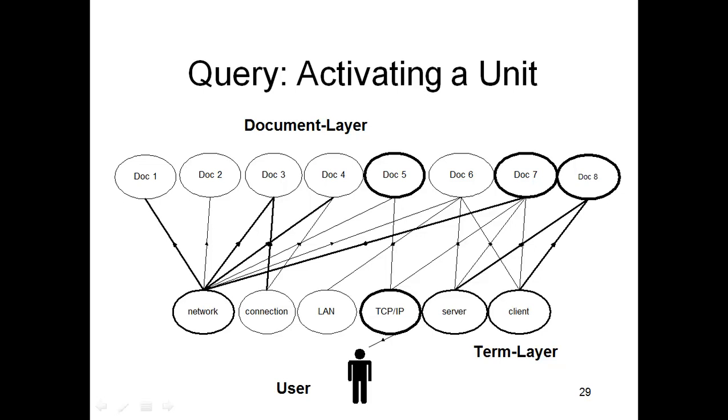Since users often don't type as many terms as would be nice, systems often expand queries by adding additional terms, saying the user is probably interested in network also if they search for TCP/IP. And this term expansion is also something that comes quite naturally in the spreading activation network model.